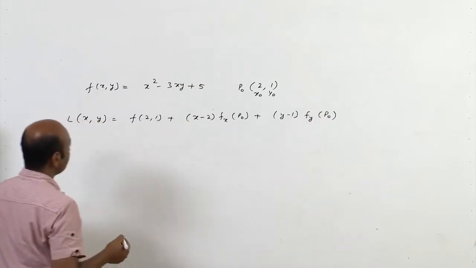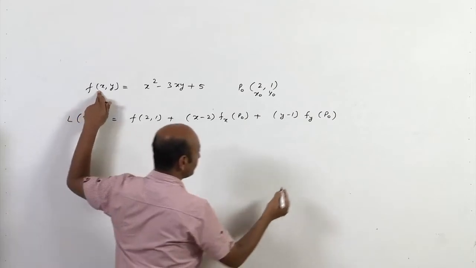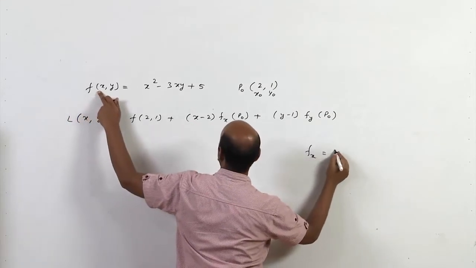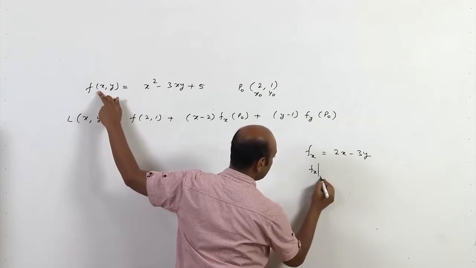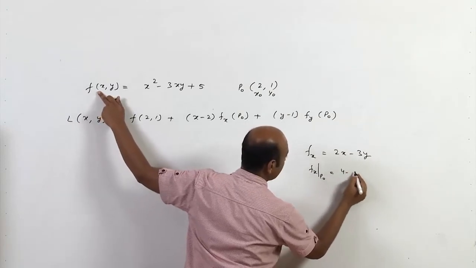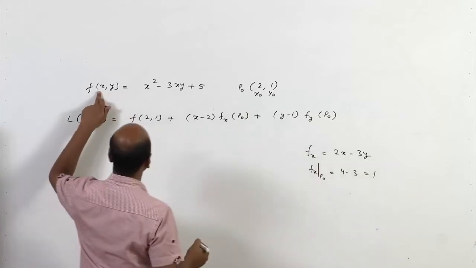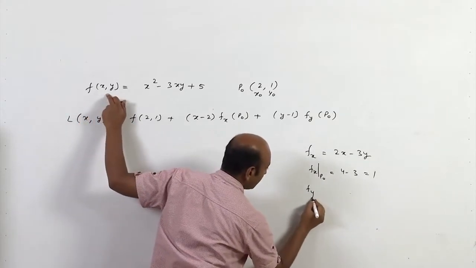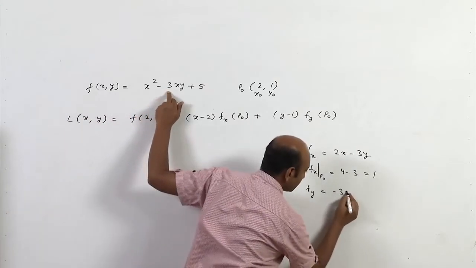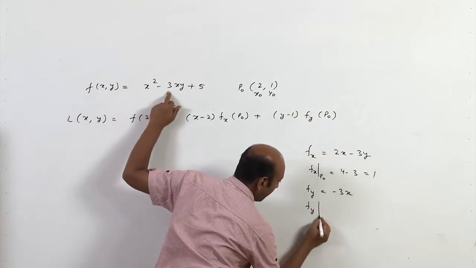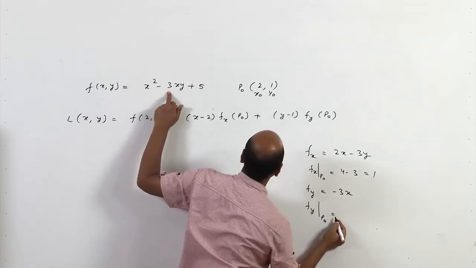So, what is f_x at P naught for this f? f_x is given by 2x minus 3y and f_x at P naught will be 4 minus 3, that is 1. Now, what is f_y? Del f by del y will be minus 3x.